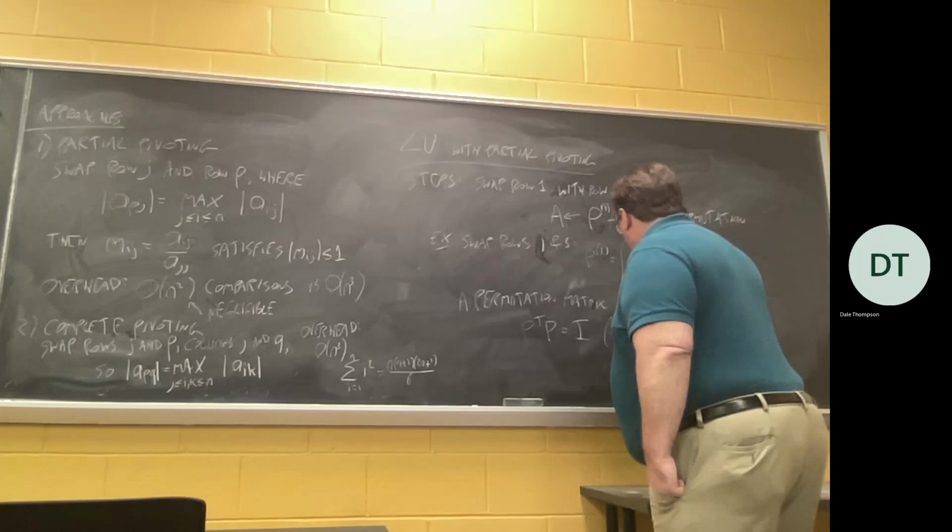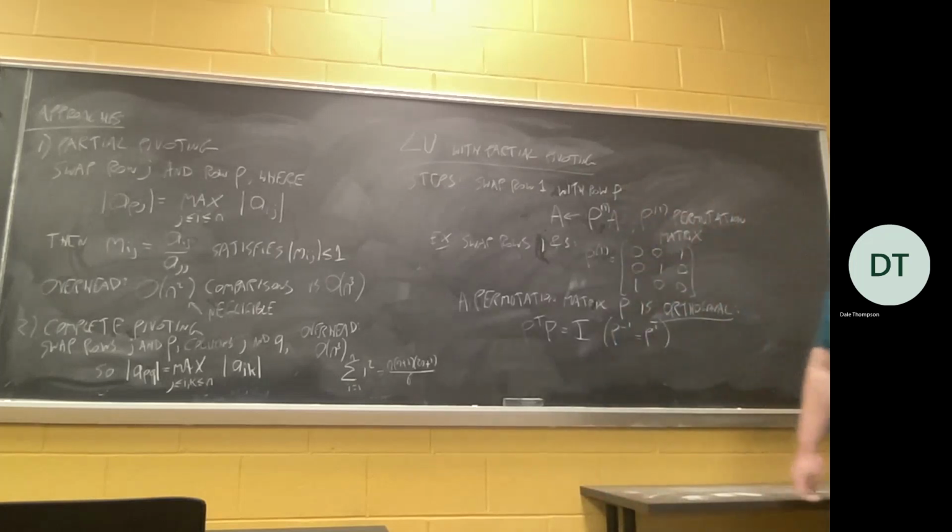Another way of putting it is the inverse is equal to the transpose, which is very convenient. You don't have to do any work to compute the inverse. You just take the transpose. Orthogonal matrices preserve length. If you multiply a vector by an orthogonal matrix, it won't change the length. So it can be used to perform a rigid motion, like a rotation or a reflection.